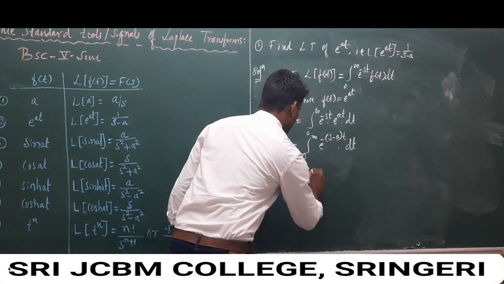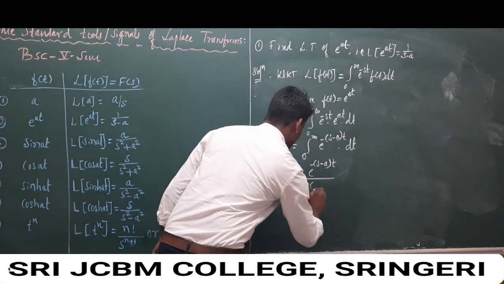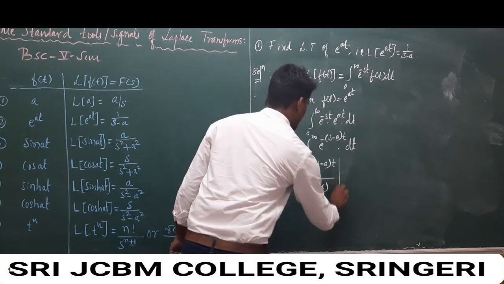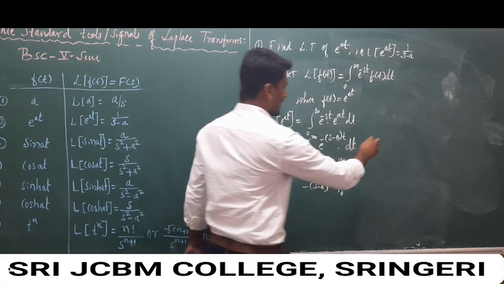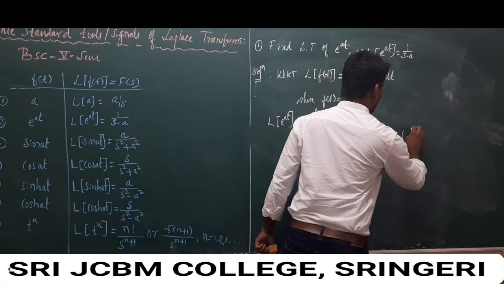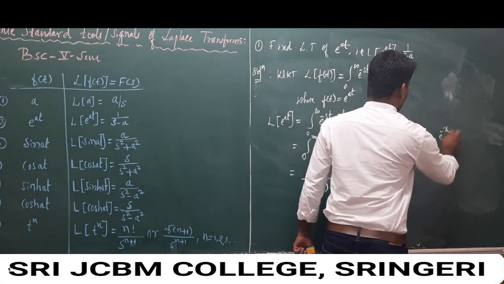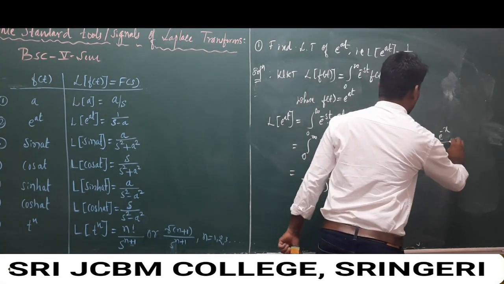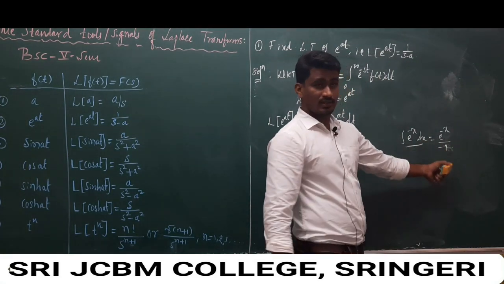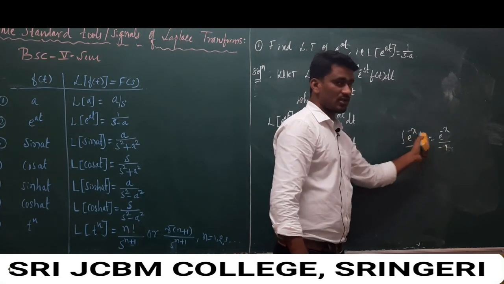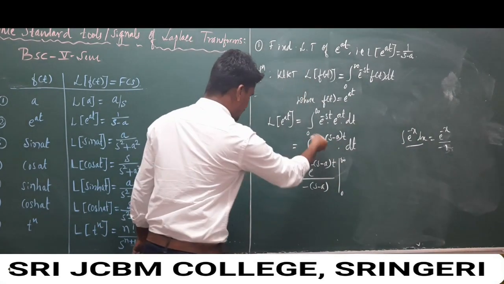So we get e to the power minus of s minus a into t, over minus of s minus a, from 0 to infinity. We have discussed in a previous example how to integrate an exponential function, where the coefficient of x is 1. Now I apply this condition here.